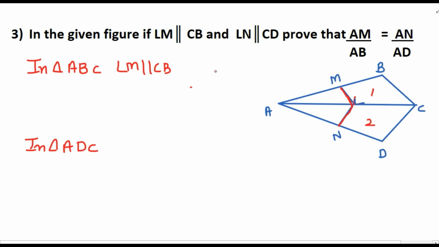So the side of the new triangle, AM, is proportional to the side of the given triangle, AB. AM is proportional to AB, equal to, in the same way the other side AL is proportional to AC. Now give this equation number 1.